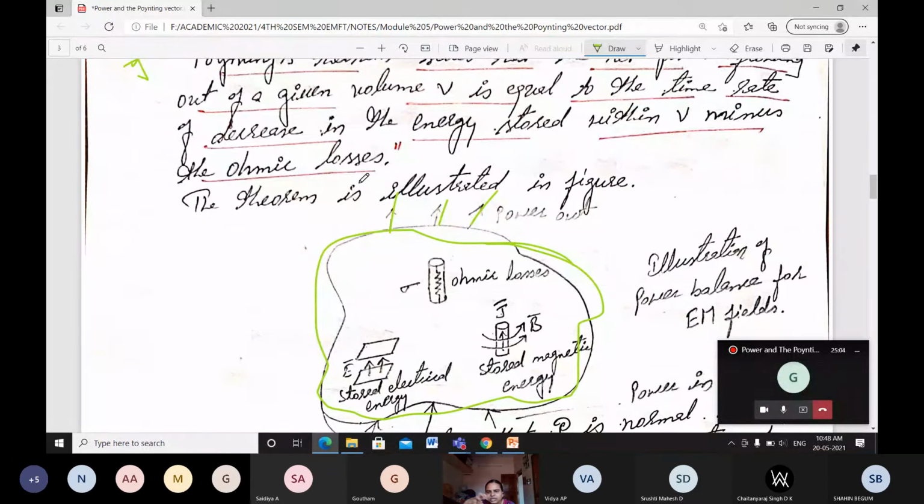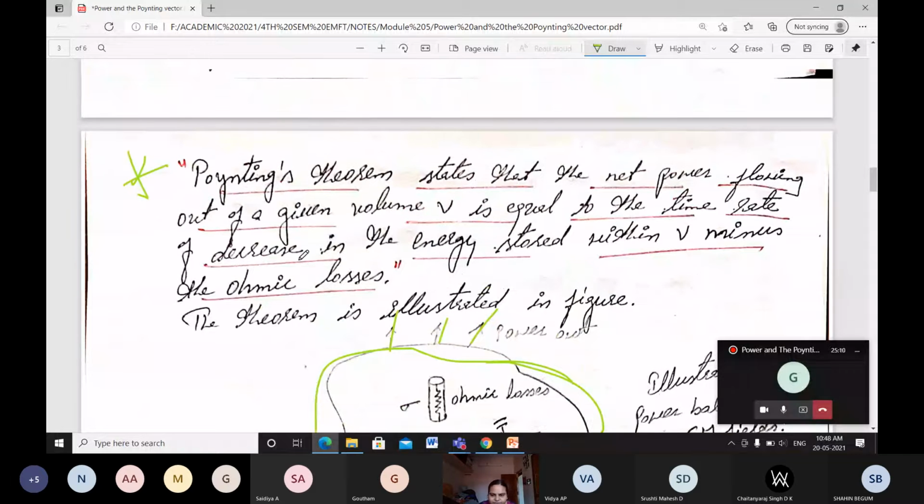The ohmic losses are taken separately. That is what the Poynting theorem is about.